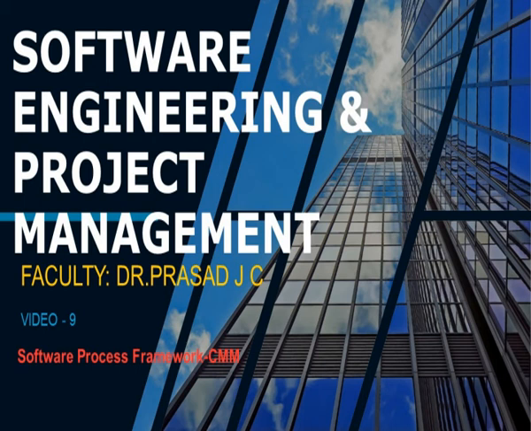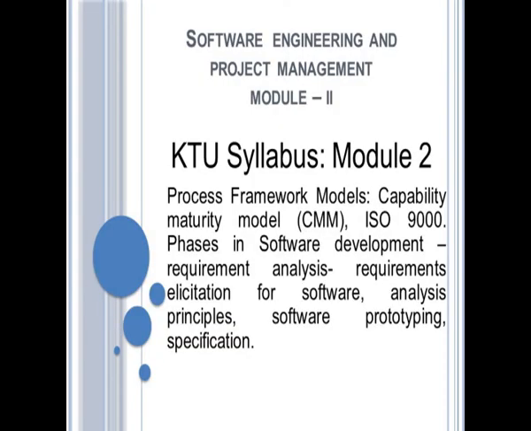Before starting module 2, let us understand the syllabus topics in module 2. Initial topics are process framework related models. We will discuss the capability maturity model CMM and the ISO 9000 model.